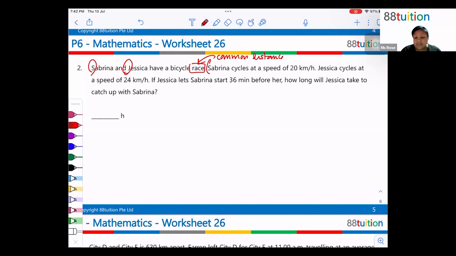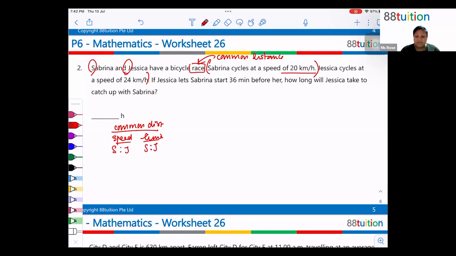Okay, so Sabrina cycles at a speed of 20 kilometers per hour, whereas Jessica cycles at a speed of 24 kilometers per hour. Because we have common distance, we know that we can find the speed and time ratio between Sabrina and Jessica, right?